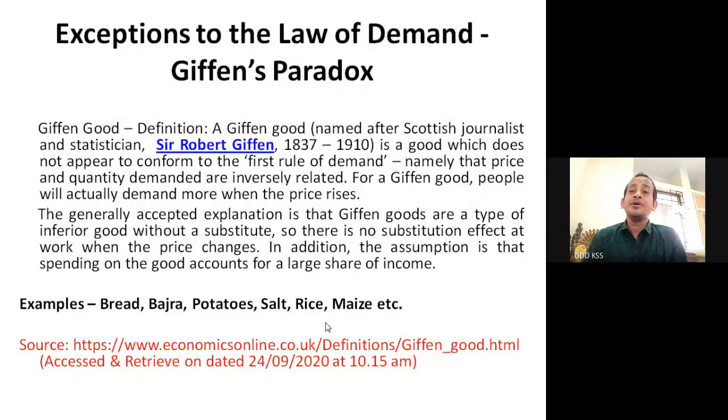This Giffen paradox concept was introduced by Scottish journalist and statistician Sir Robert Giffen. According to him, a Giffen good is a good which does not appear to conform to the first rule of demand. First rule of demand means price increase, demand decrease, price decrease, demand increase.